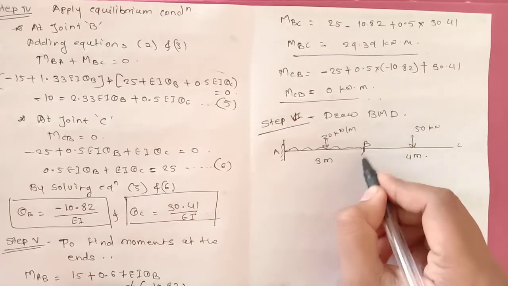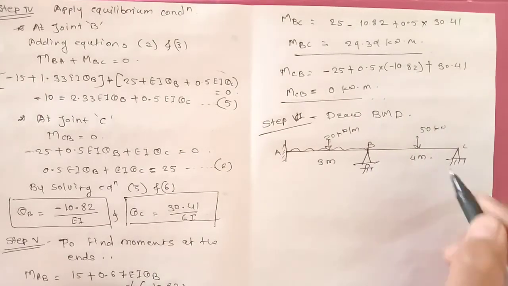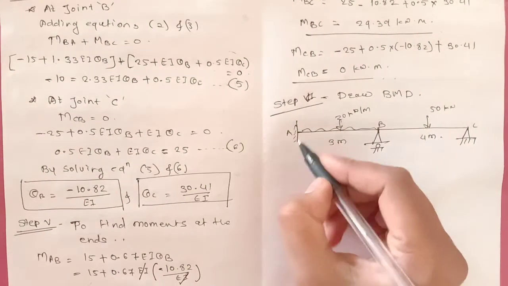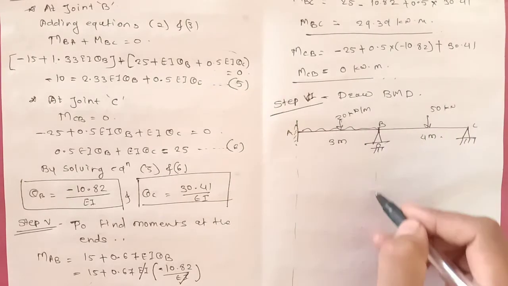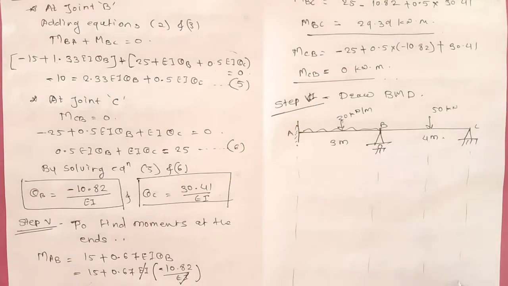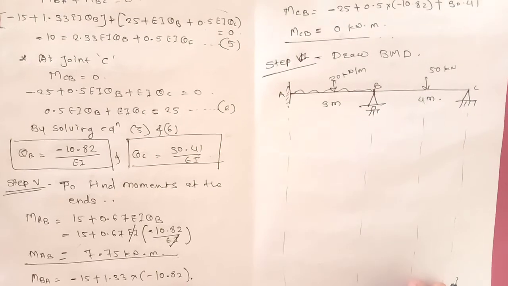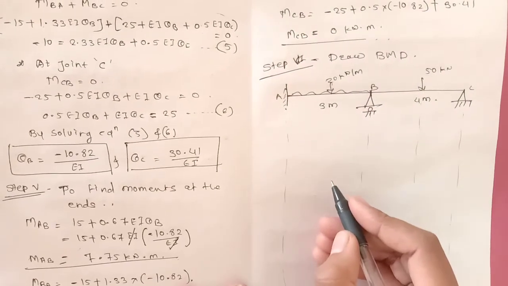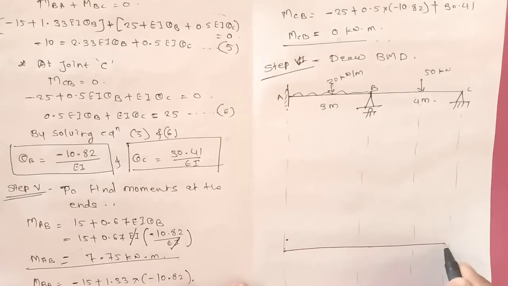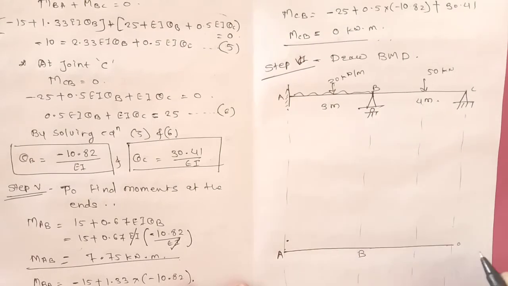Okay, then take projection lines. Then draw the neutral axis, 0, 0, with A point, B point and C point.